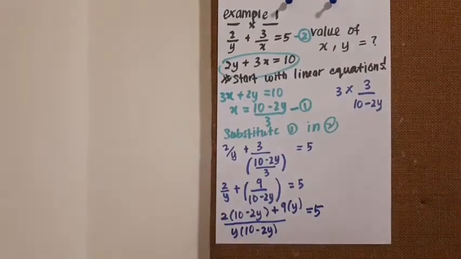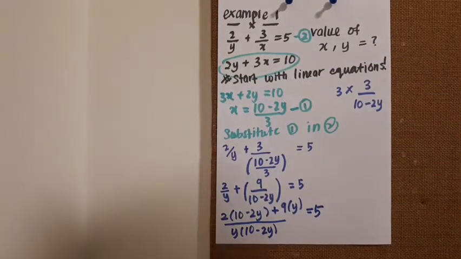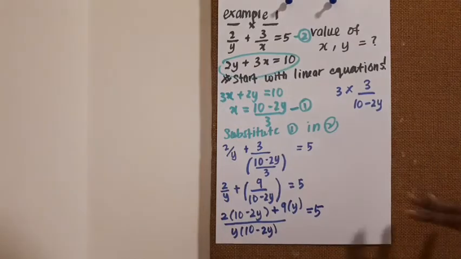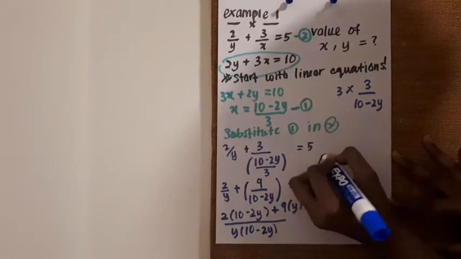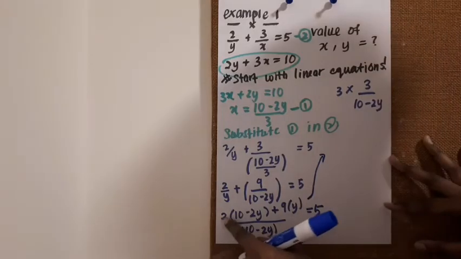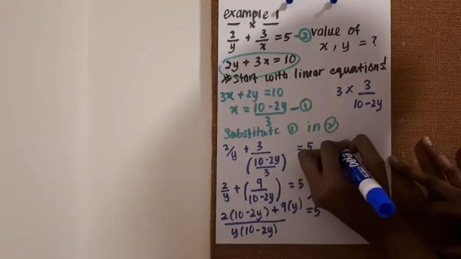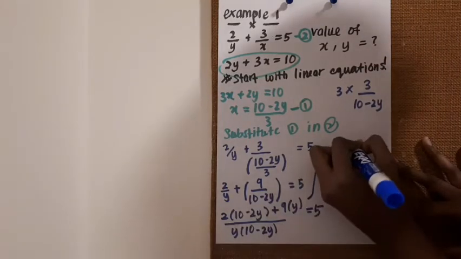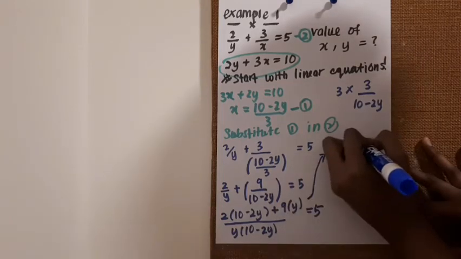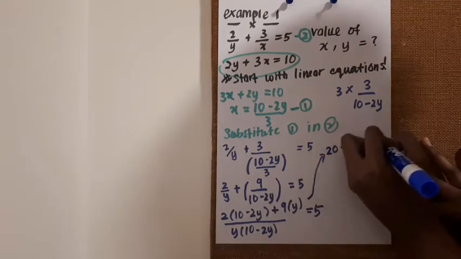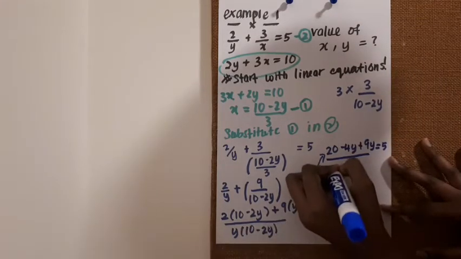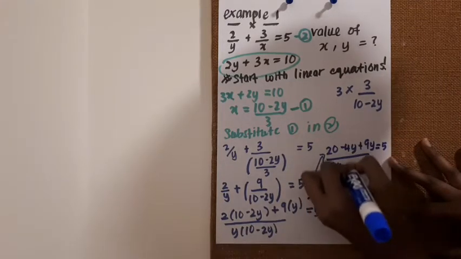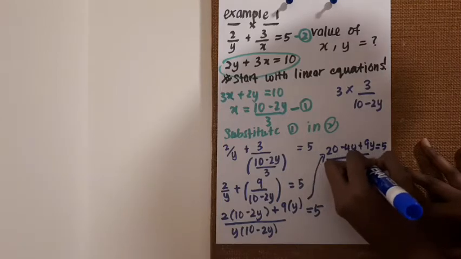Okay, so when you times this, open up the bracket, you are going to get 20 minus 4y plus 9y equals to 5 over, open up the bracket, 10y minus 2y squared.